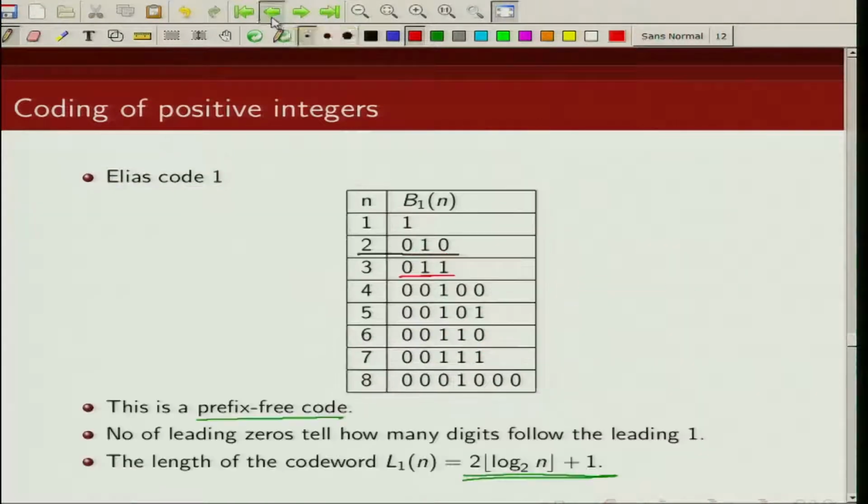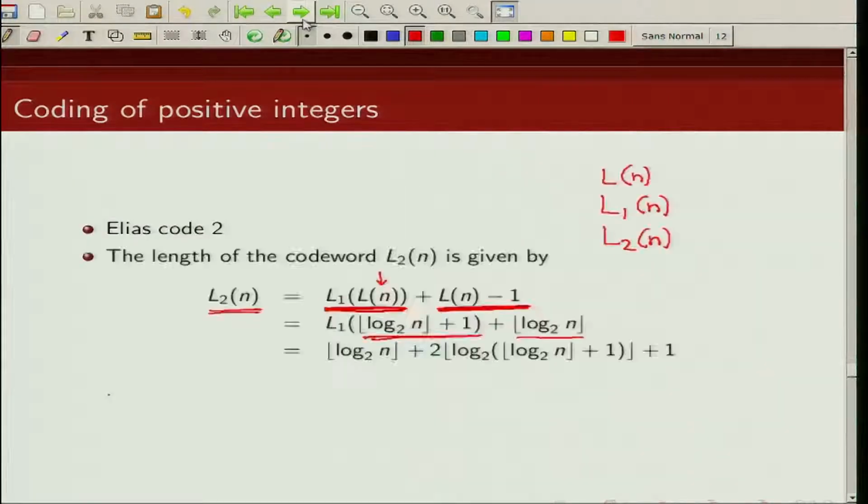If you recall, L1 n is given by this quantity. It is 2 times floor of log to the base 2 of n plus 1. So we have to compute L1 of this quantity. So then this will be 2 times this plus 1, and this term comes here.